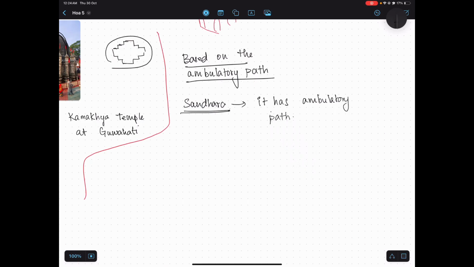And if your temple does not have an ambulatory path, it is called Nirandhara.